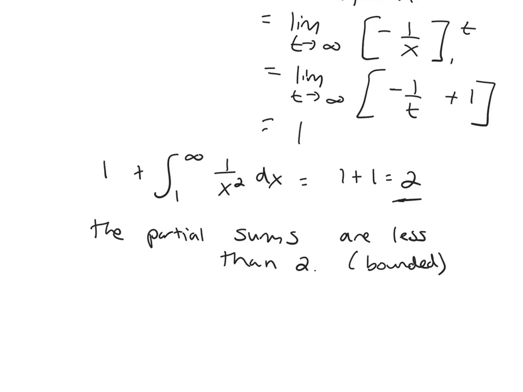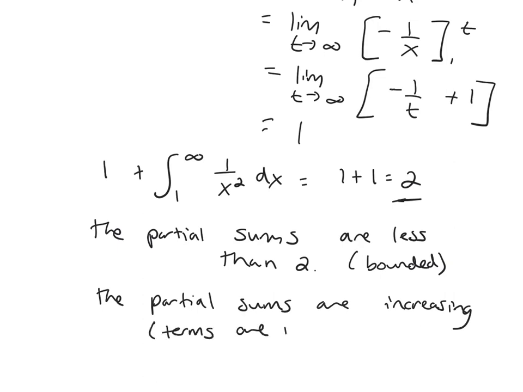Also, if I look at the partial sums, they're going to be increasing. And that's because every time I go from S1 to S2, S2 to S3, I'm adding another positive number in, which means my sum is getting bigger, because the terms are positive.